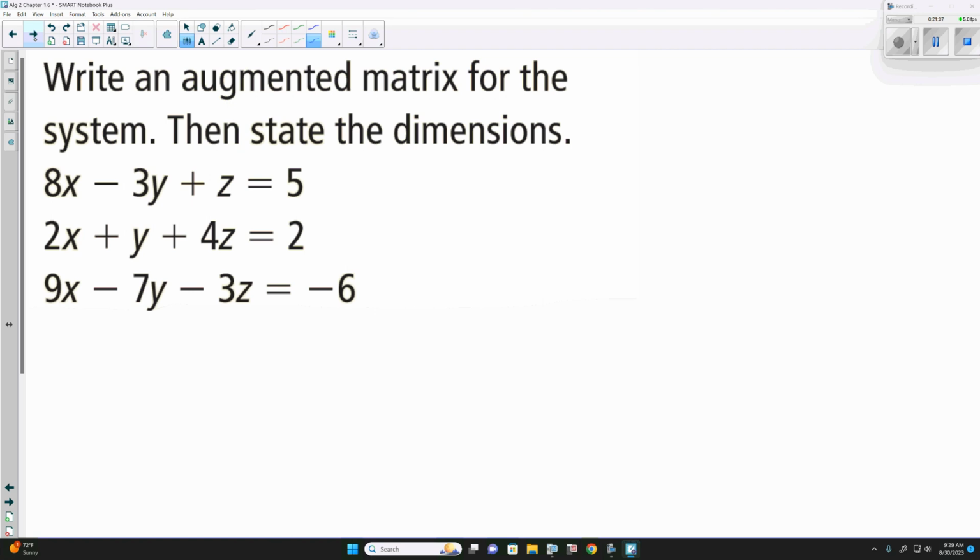Let's look at this one. Are any of the equations in the wrong order? No, because top one, x, y, z, number; x, y, z, number; x, y, z, number. All of them are in the correct order. So we can go on and state the dimensions or write the system. So going across the top, it would be? Next one: 2, 1, 4, 2.